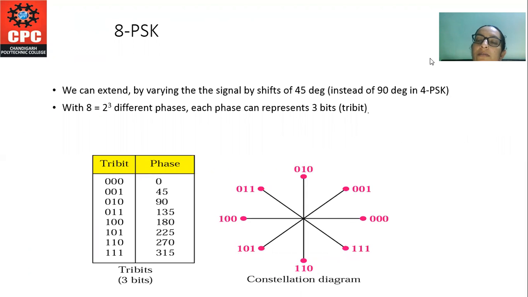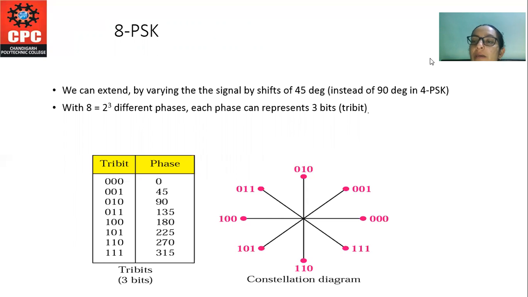Now 8 PSK, in this we can extend by varying the signal by shifts of 45 degrees instead of 90. So with 8 equal to 2 raised to power 3 different phases, each phase can represent 3 bits, that is a tribit.